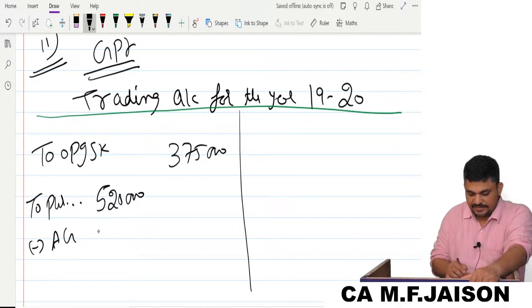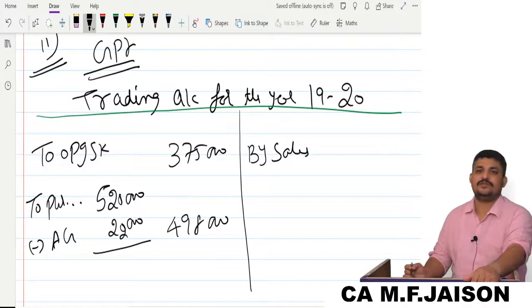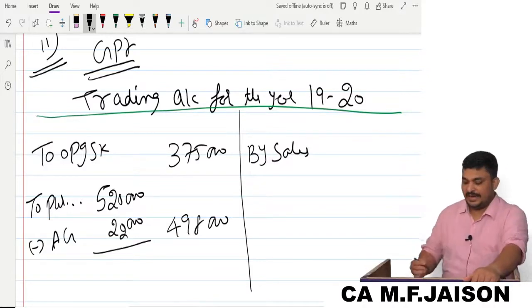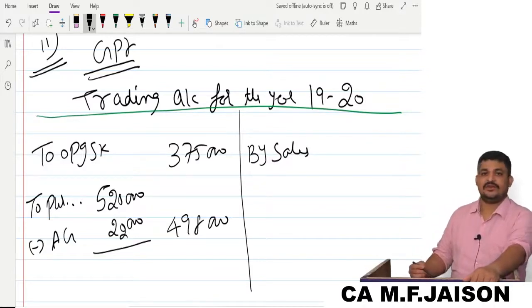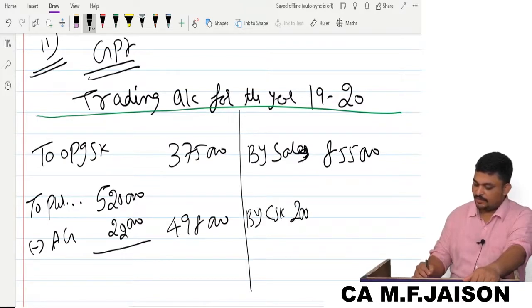From this we are deducting. We are following the complete elimination approach, so not 22,000, this becomes 4,98,000. Sales does not include abnormal goods in the year 1920. So what is the sales given? 8,55,000. Then we have closing stock, given in the question as 2 lakhs.